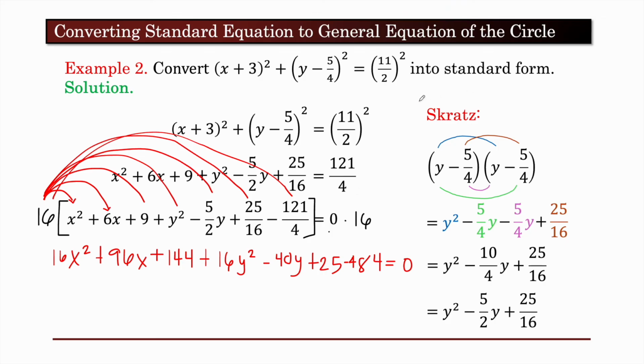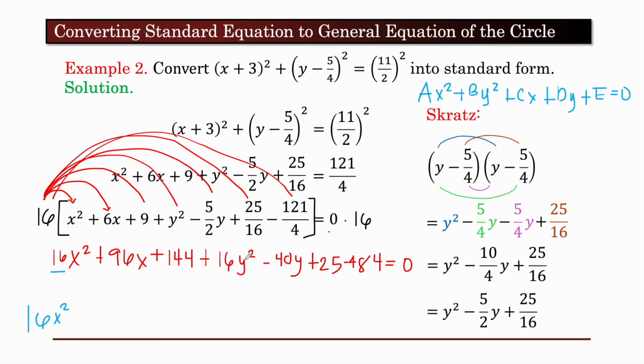So recall, the general form is ax squared plus by squared plus cx plus dy plus e equals 0. Okay, so the a term is your 16. So let us copy 16x squared. Then next is the y squared term or the b term.